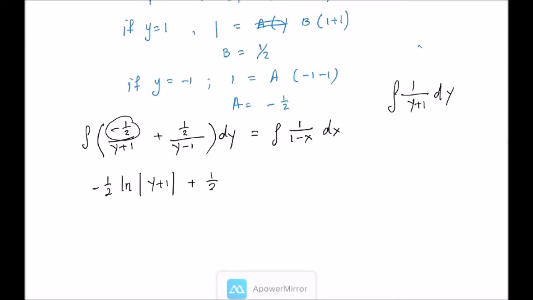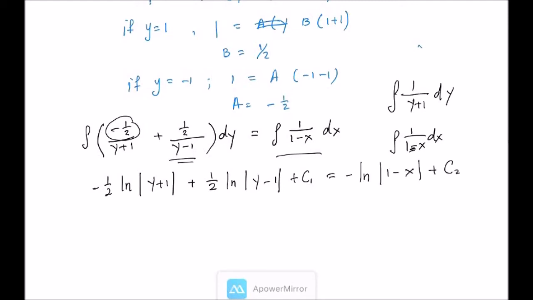And then plus the half, again you get ln y minus 1 for this part, plus c1 equal to, okay, integrate 1 over 1 minus x dx. So this one you get, since it's a negative here, don't forget you have the negative, ln 1 minus x plus c2. Okay, c2 is a constant.